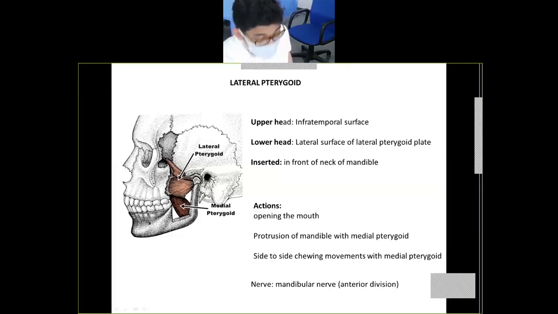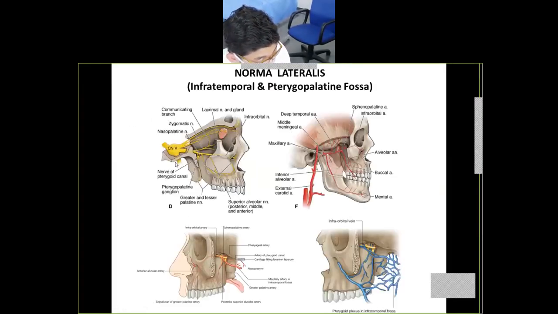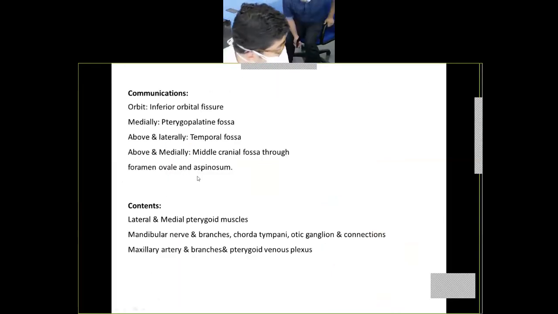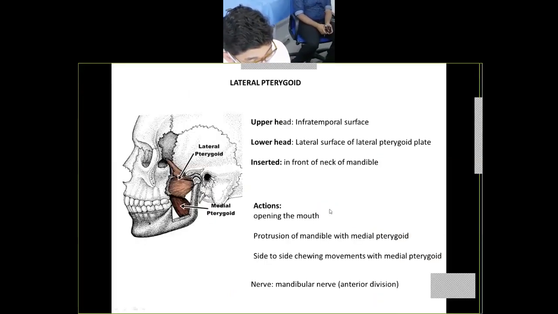Now its nerve supply is the anterior division of the mandibular nerve. The mandibular nerve, which appears in the infratemporal fossa itself, will supply the muscle. The action is that it opens the mouth, that is, it will open or depress the mandible, protrusion of the mandible with the help of the medial pterygoid, and side to side movement with the help of the medial pterygoid.